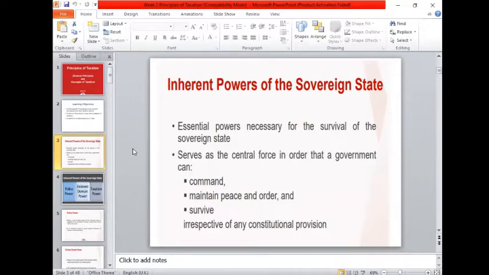The sovereign state has inherent powers which it exercises to give orders to the society or community, to maintain peace and order and to sustain our economy and our living, irrespective of any constitutional provisions.